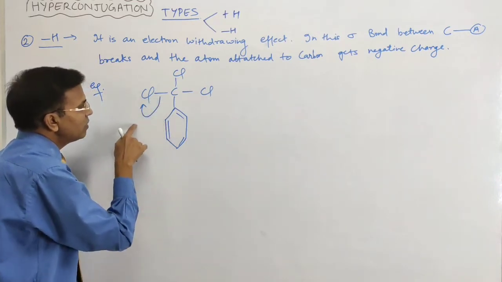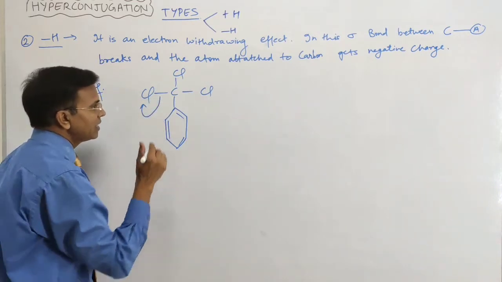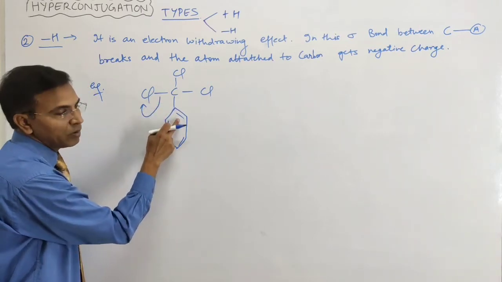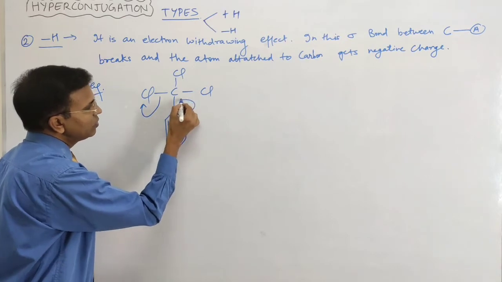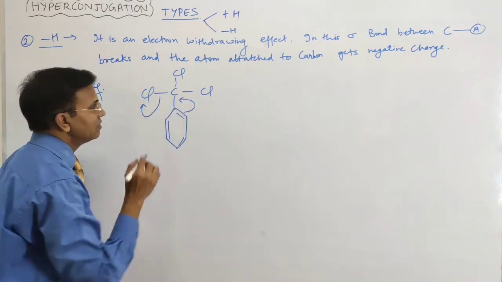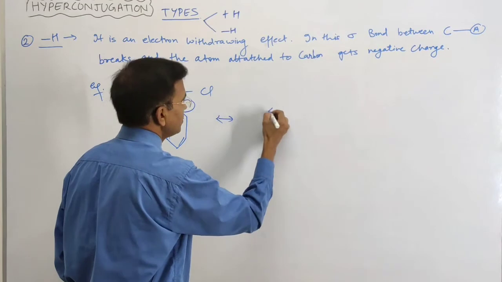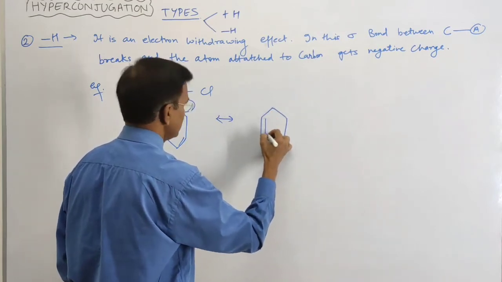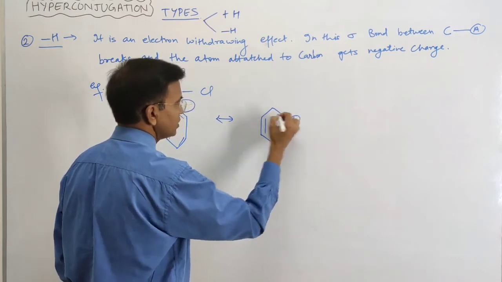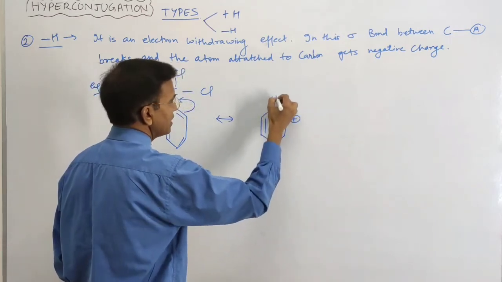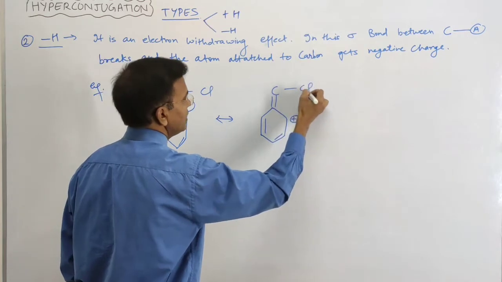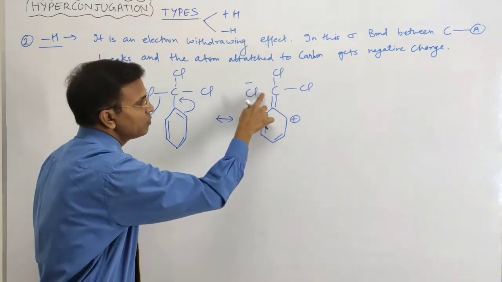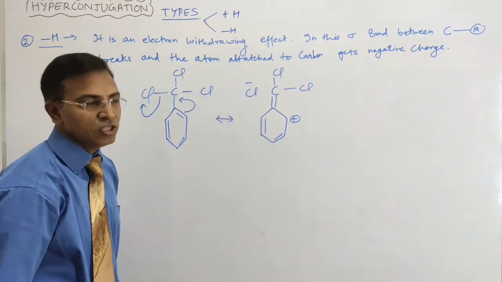This sigma bond is attracted by the chlorine atom, and here is the conjugation of sigma and double bond. So this double bond delocalizes here. Now the next resonating structure will have a double bond, positive charge on this carbon atom this time, and here comes the double bond, Cl, and this Cl gets the negative charge. The sigma bond breaks, with negative charge on the attached atom, right?